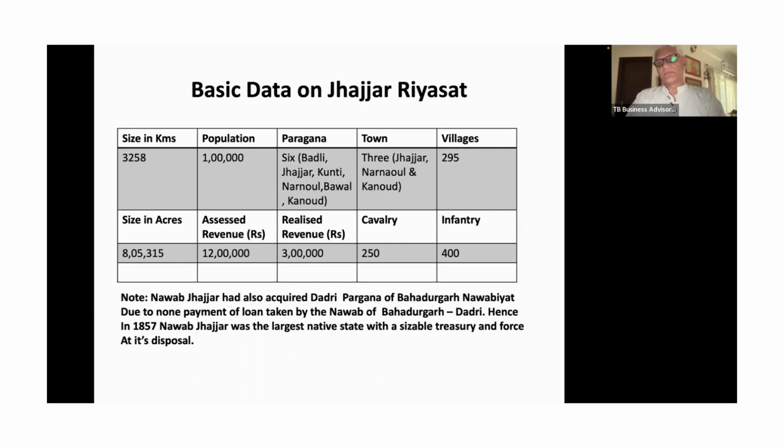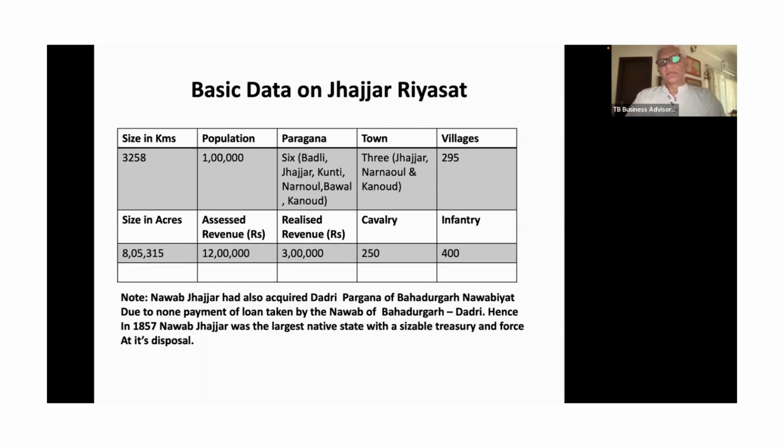This was because the preceding century, that is the 18th century, had been very difficult for our area. During that period of anarchy, nearly 75% of population had relocated to safer areas, and the villages were abandoned.